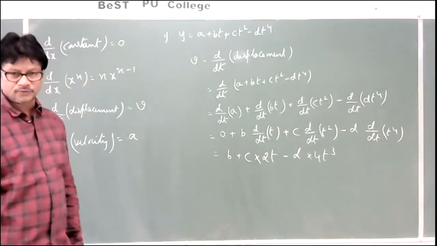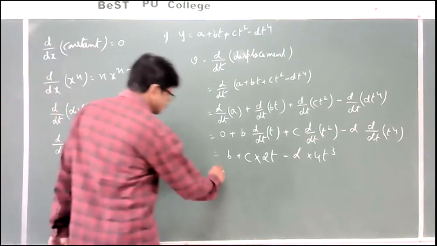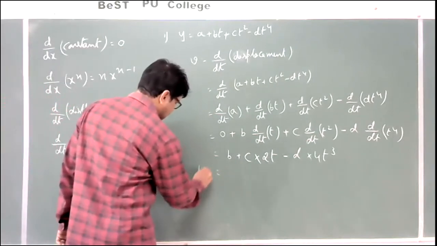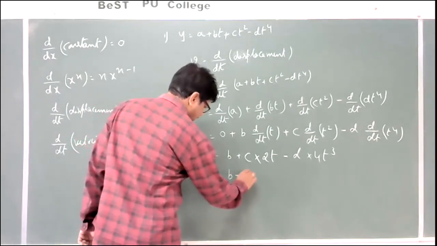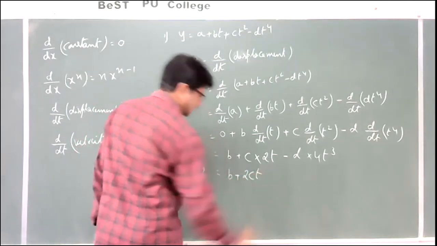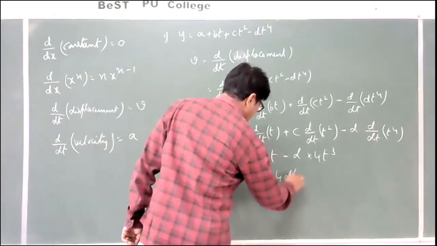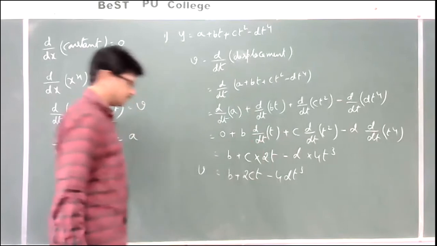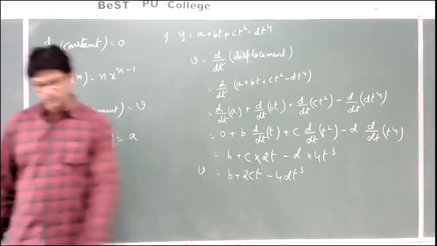Okay now? 4t cube. Then, so the velocity will be b plus 2ct minus 4dt cube. b plus 2ct minus 4dt cube.